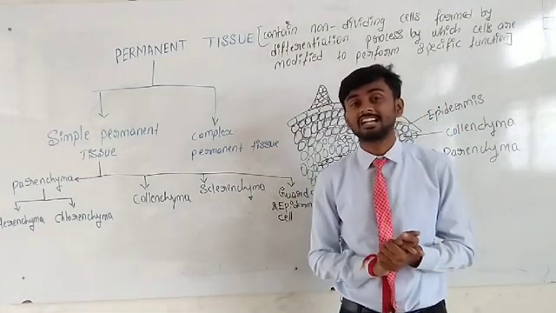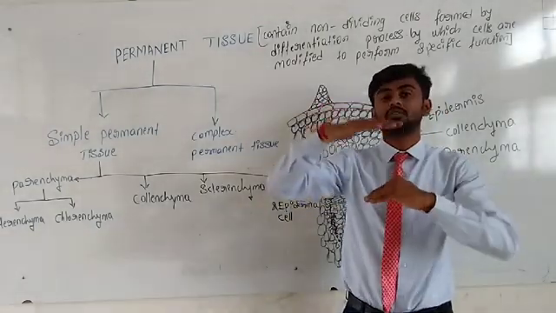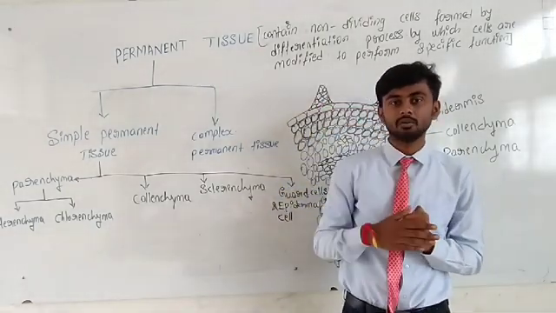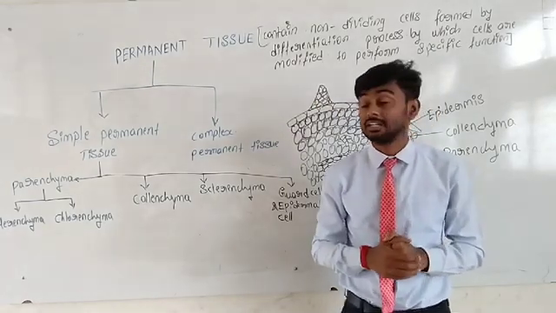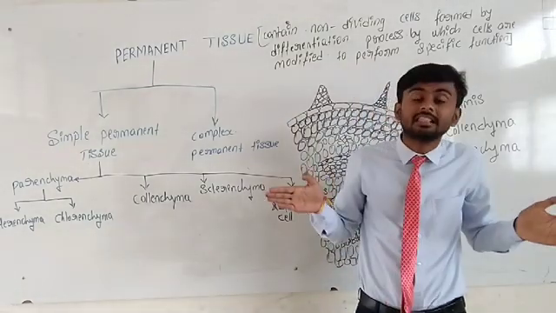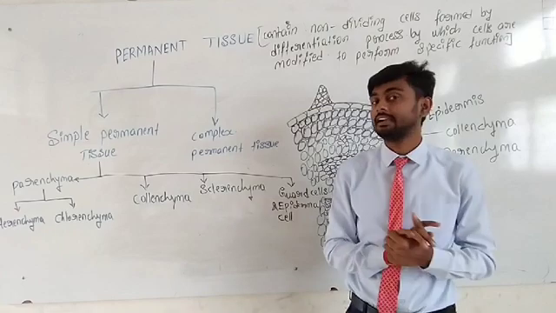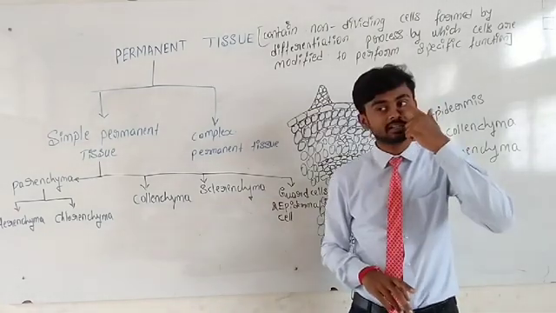We already discussed what we mean by internode: the distance between two nodes, the space in between. That is known as the internode. The intercalary meristematic tissue helps to increase the length of the internodes.